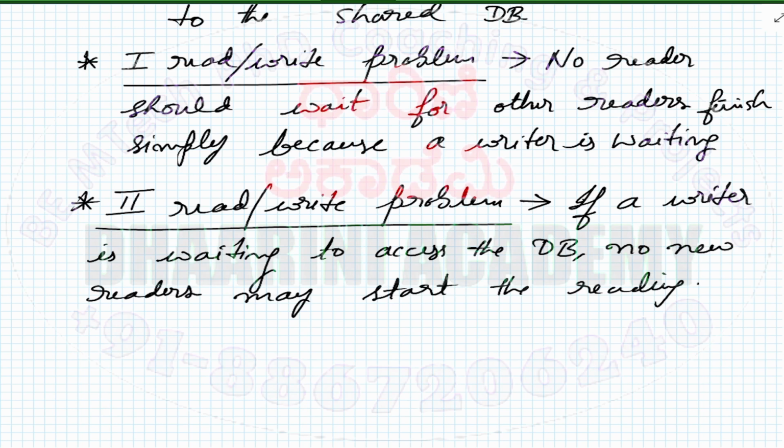The writer will keep waiting, so the solution to the first problem results in writers starving. At the same time, in the second case, the writer is waiting to access means readers should not be allowed, so readers will end up starving.